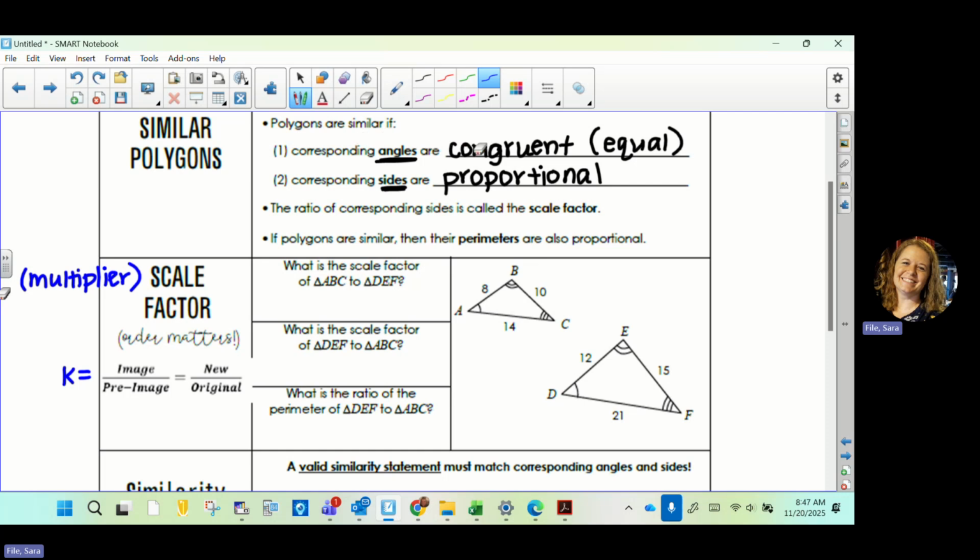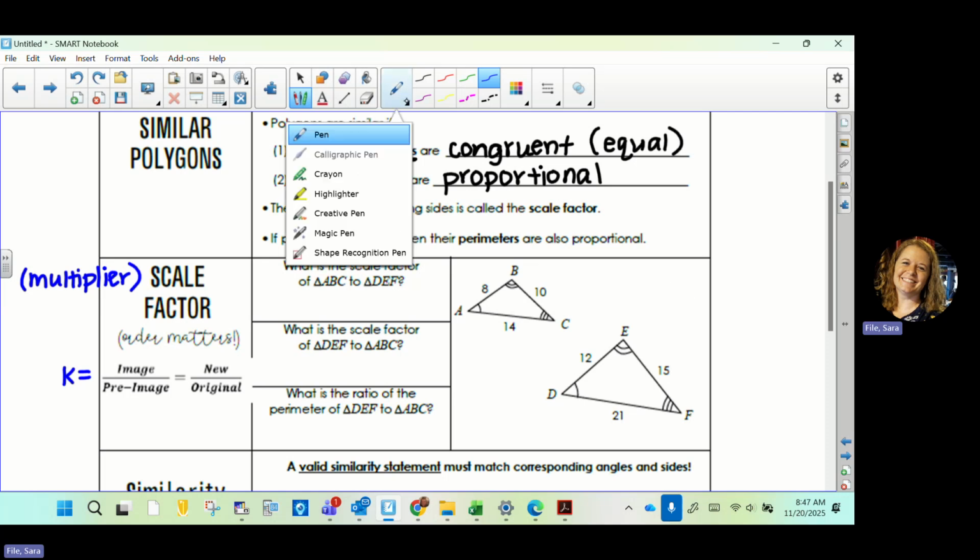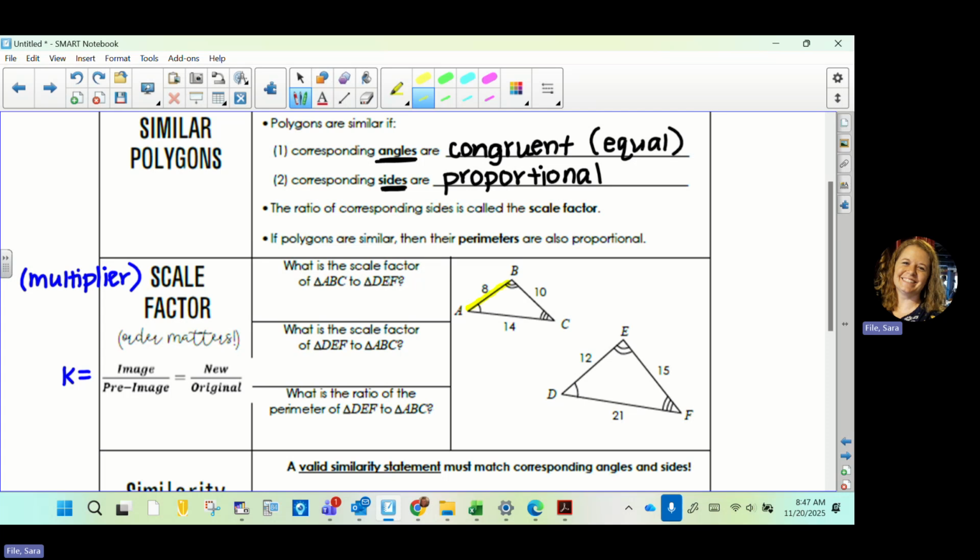Okay, so the sides that correspond to each other: AB would correspond to DE, BC would correspond to EF, and AC would correspond to DF, right? Y'all see that? That's what I mean when I say corresponding sides or corresponding angles.